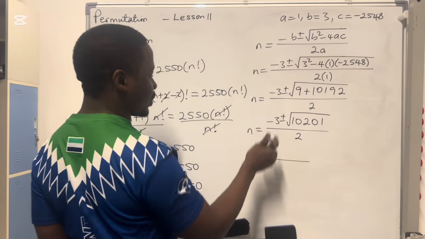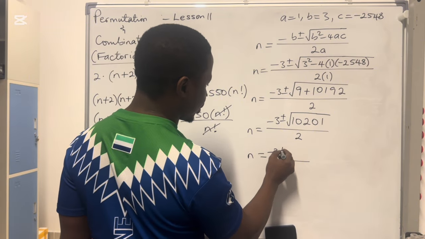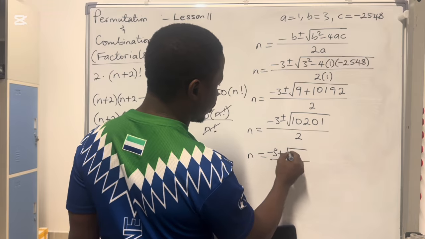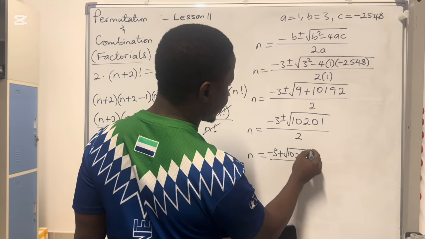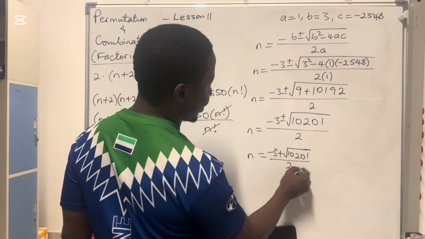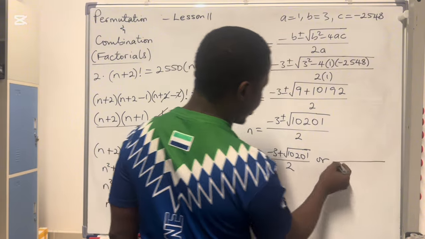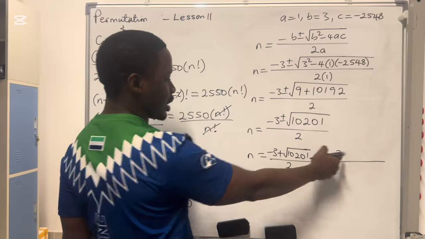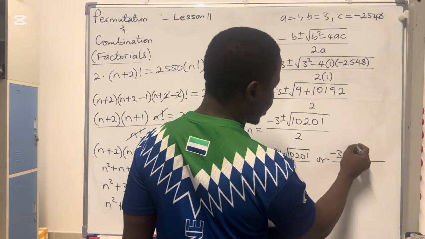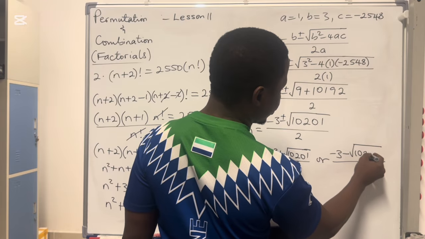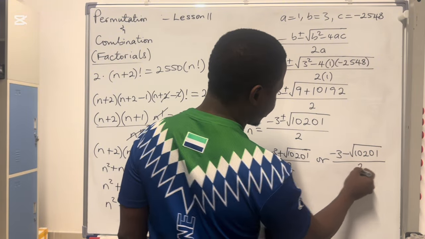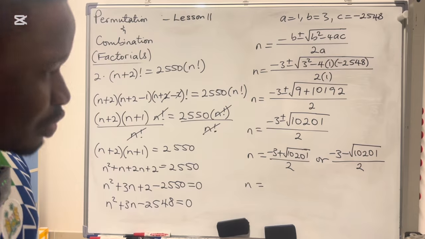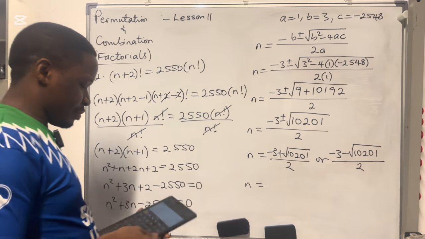We consider the plus first, which is minus 3 plus the root of 10201 over 2. Or now we consider the minus. There are two signs, plus, minus. Here we use plus, here we use the minus. So n is equal to, now you can use your scientific calculator.